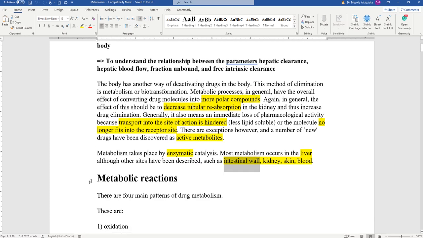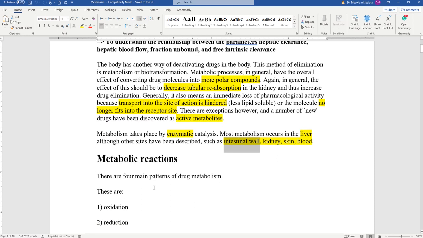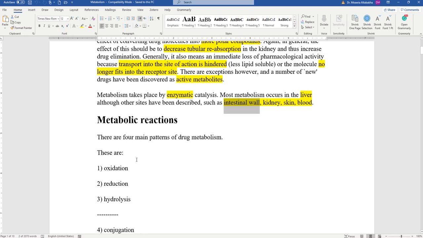Now, what are the metabolic reactions? We can usually classify them into two main types: phase 1 and phase 2 reactions. Phase 1 reaction is also called a preparatory reaction, from preparation, because it can prepare the compound for the phase 2 reaction.